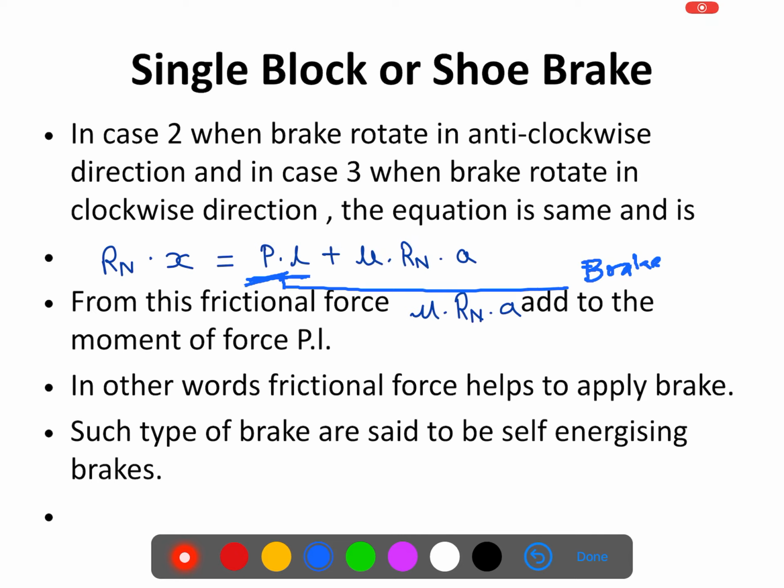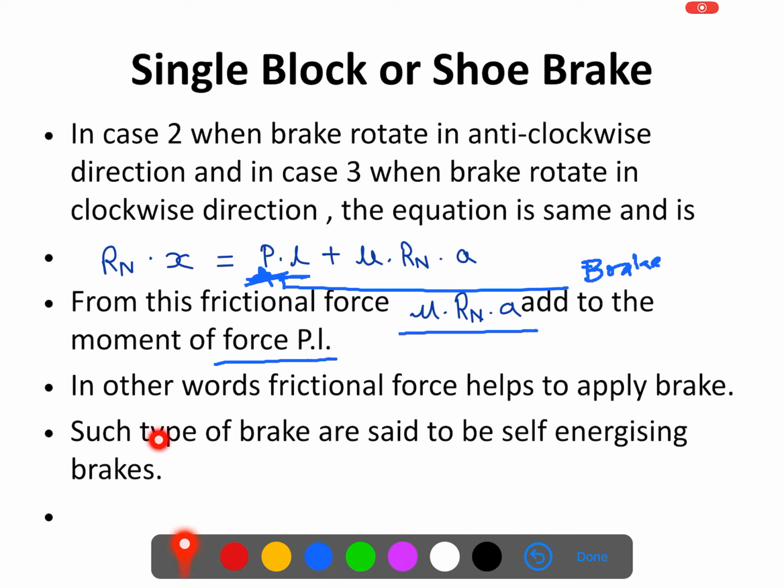And this mu into Rn into a is assisting this force P, or this is adding to the moment of force P into L, right? So in other words, the frictional force helps to apply the brake.